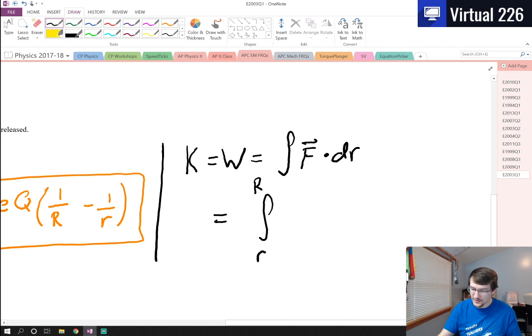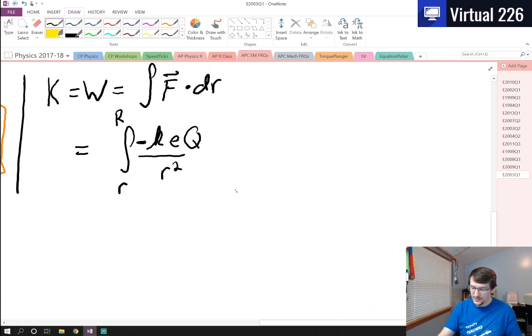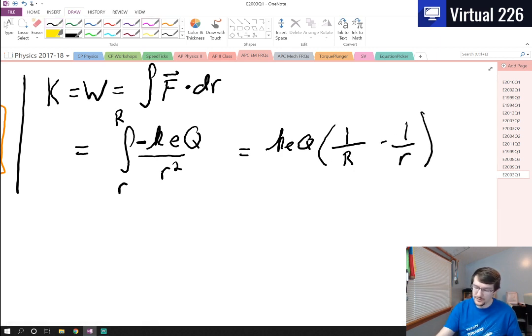Our force is Coulomb's law, so that's going to be K, there's our E for the electron, and it's negative, so that's a negative quantity, Q, over R squared. Whenever you do this, you get the exact same thing when you integrate. You end up getting the final result of KEQ times the quantity 1 over big R minus 1 over little r. There's a little bit of algebra that goes into that.